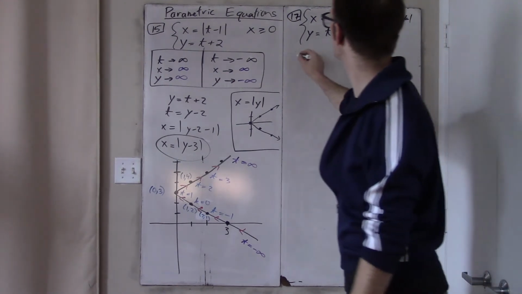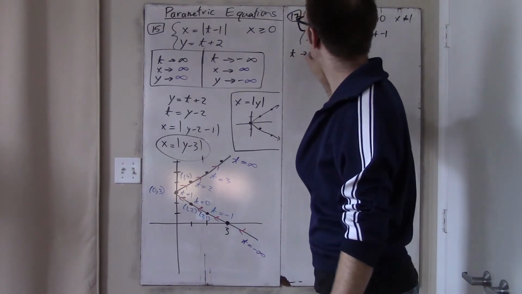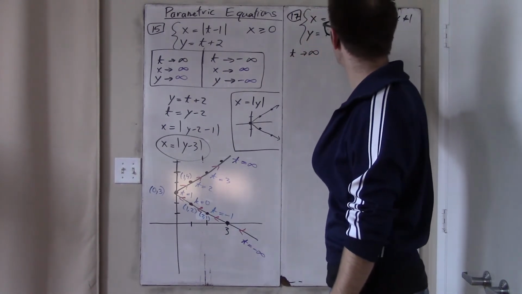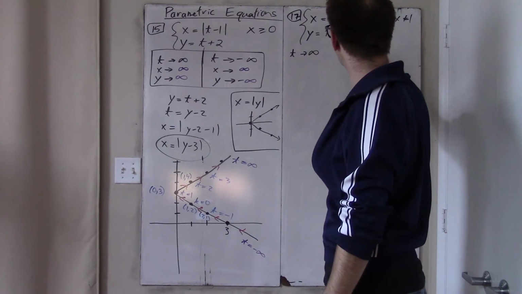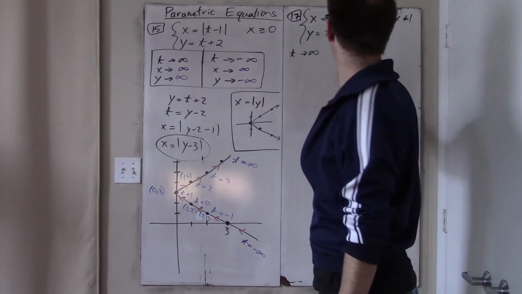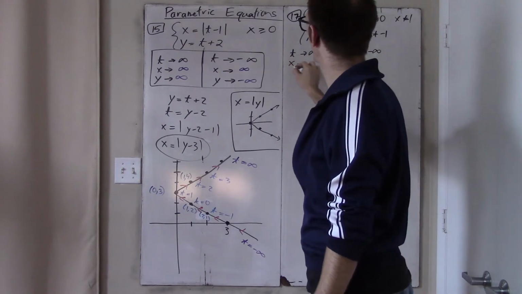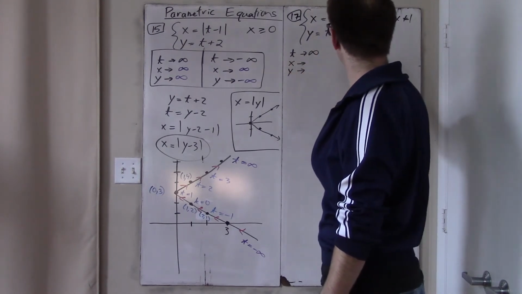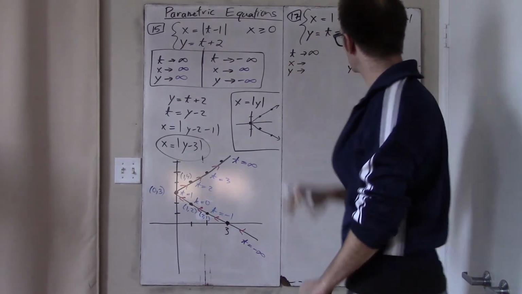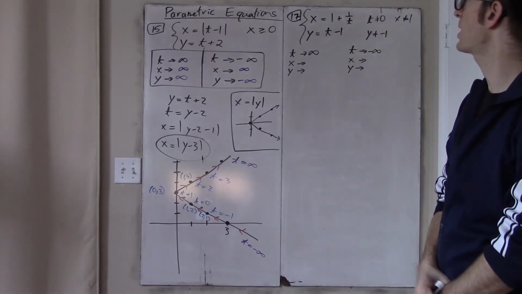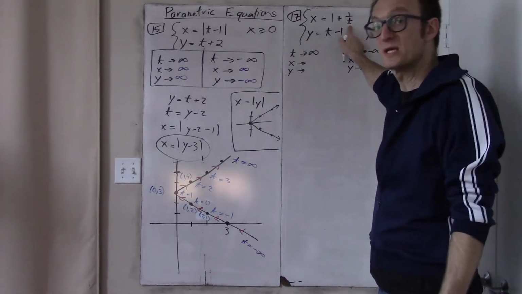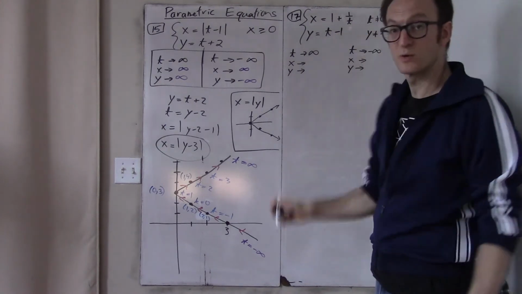What else? I need to investigate what happens as t goes to infinity, and also what happens as t goes to negative infinity. I also need to see what happens near other values where t is undefined, and in that case we're talking about when t is 0. When t is near 0, x is going to be huge.